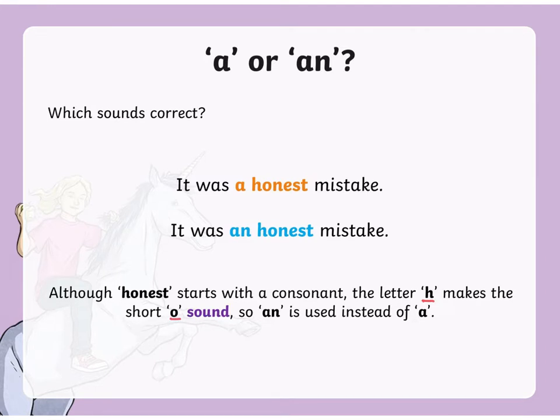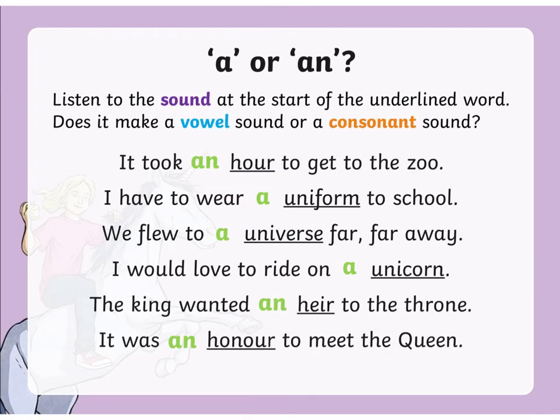So an is used instead of A. So what is used? It is an. And this is correct. Here are more examples of the vowel sound and consonant sounds. You will listen to the sound and understand the underlying words properly.